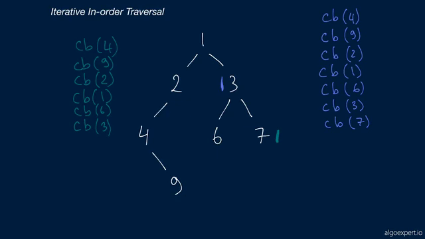And now remember, now we're at 3, and when our previous node is equal to our right child, that means we want to just keep going back up, right? So we make our current node be the 1, and our previous node be the 3.